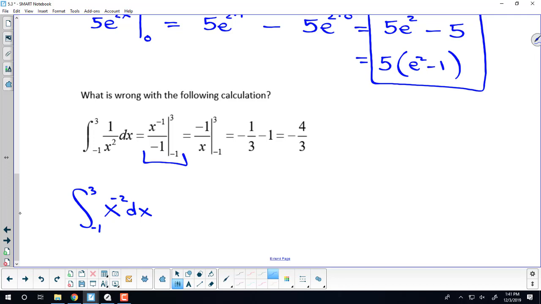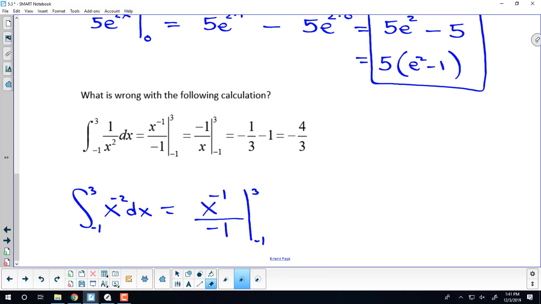What's the antiderivative of x to the negative 2? We're going to add 1 to the power and then divide by that power, evaluated from negative 1 to 3. That looks all right. The next step: notice x to the negative 1 times negative 1 is really just 1 over x times negative 1.